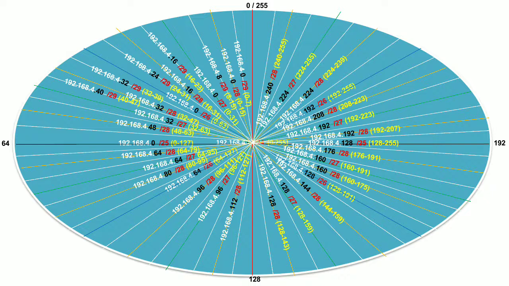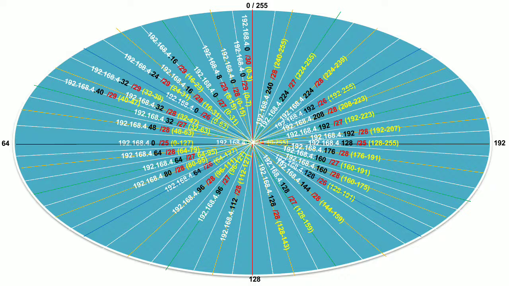Now, if you want to divide this original network of /24 into 64 subnets, each of these 64 subnets would contain 4 IP addresses. So the first IP address would be used as the subnet ID of that network, and the last IP address, that is the fourth IP address, would be used as its broadcast IP address, and the in between 2 IP addresses can be used to connect two point-to-point devices.